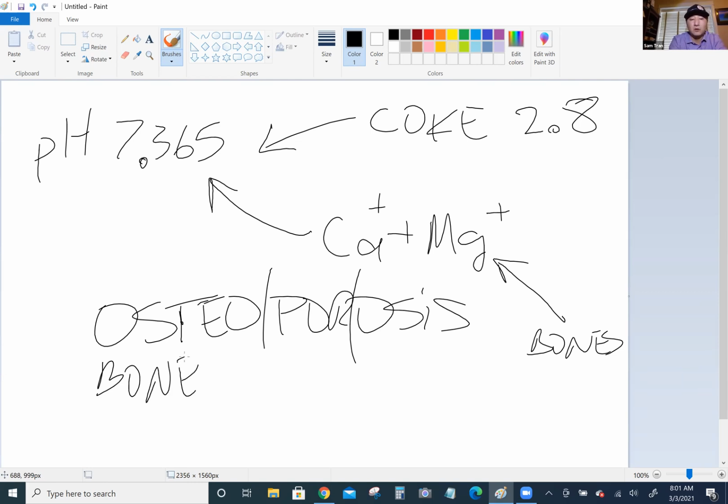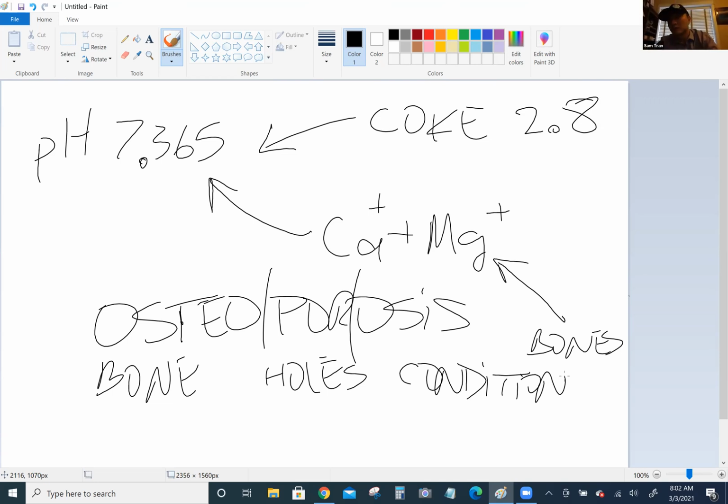Or pore means holes, and osis means condition of. So you have a condition where you have holes in your bones, and they call it osteoporosis. What's the cause of osteoporosis? We don't know, but keep taking your magnesium and calcium supplements.